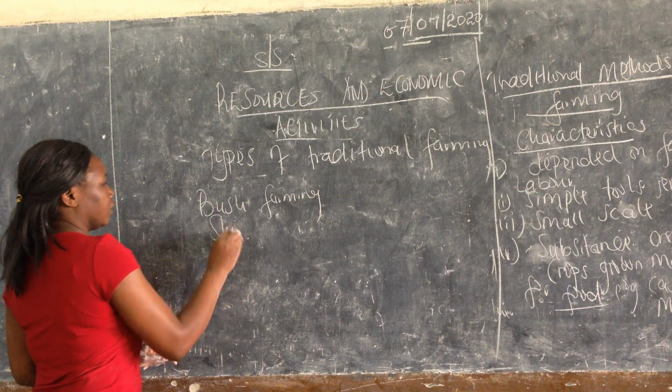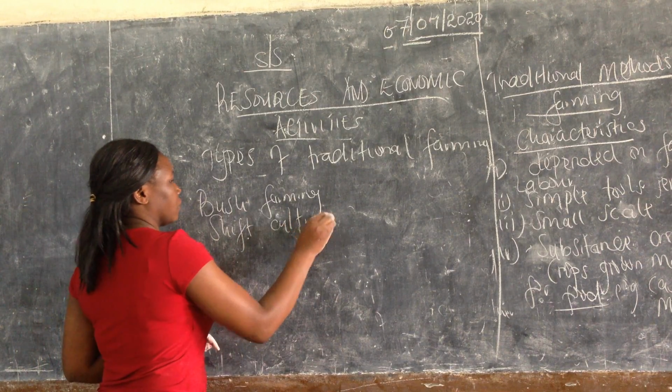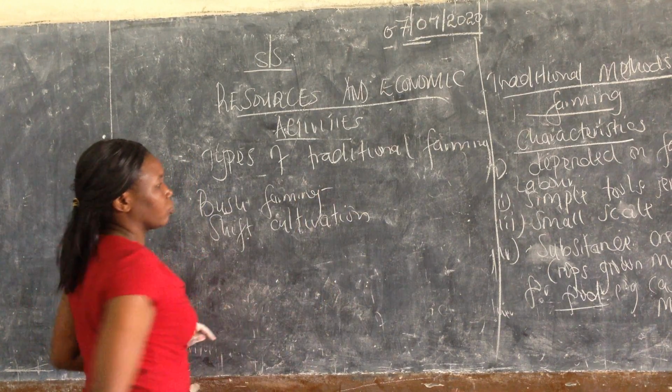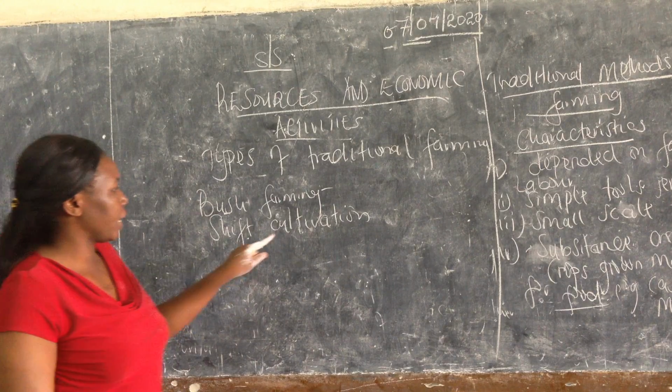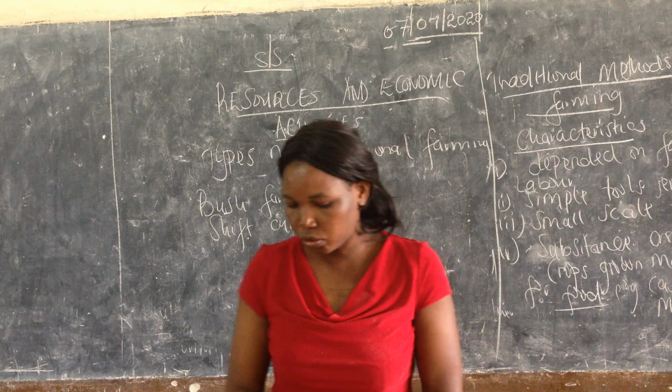We only had two types of farming, which were bush fallowing and shifting cultivation. So we are going to look at that in our next topic.